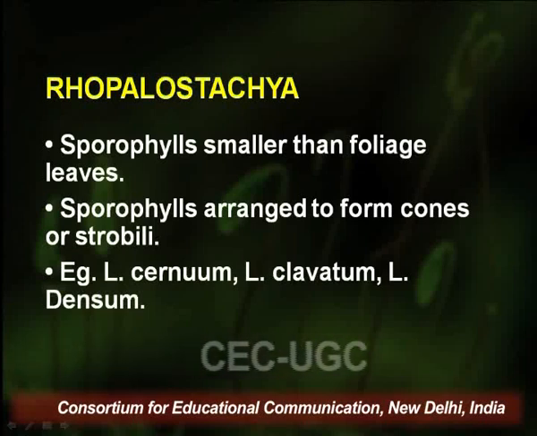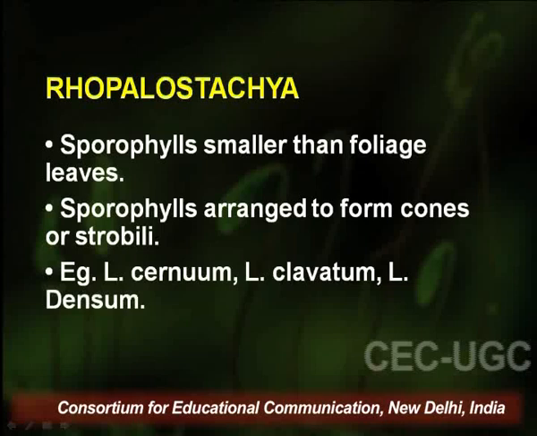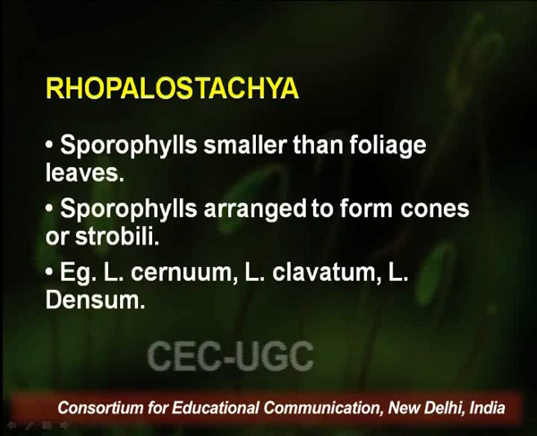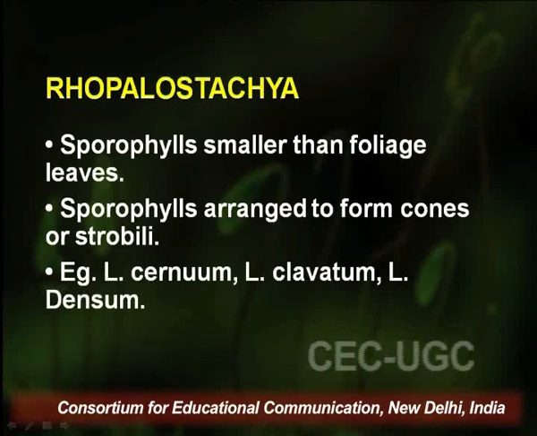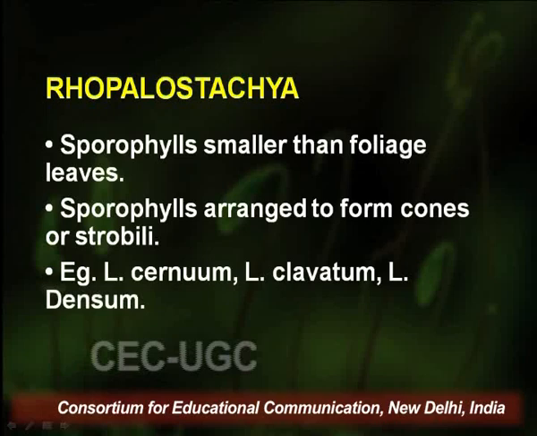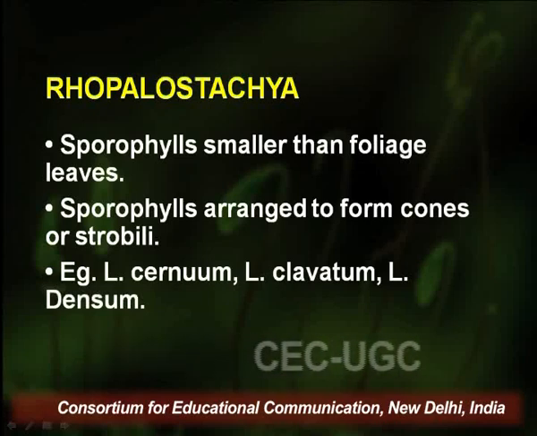Sporophylls are those structures which bear sporangium in their axils. These sporophylls are arranged compactly in a spiral or whorl arrangement to form a cone or strobili. Lycopodium cernuum, Lycopodium clavatum, Lycopodium densum are some of the examples of Rhopalostachya species.